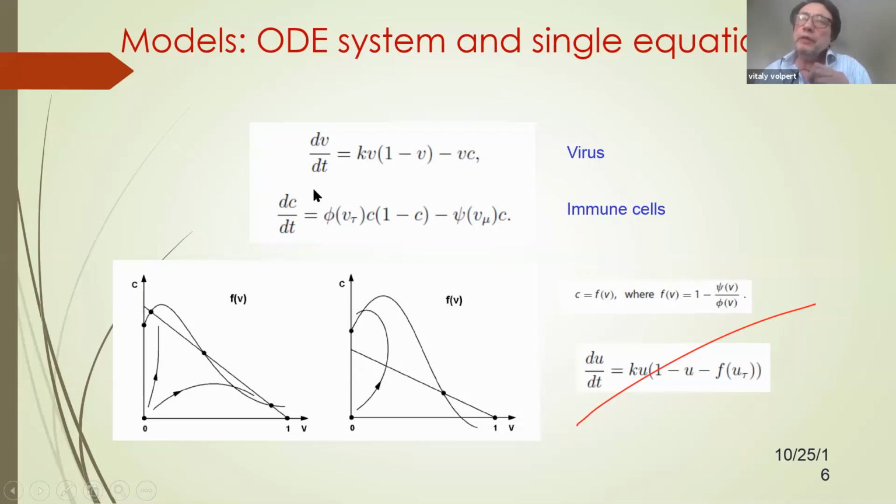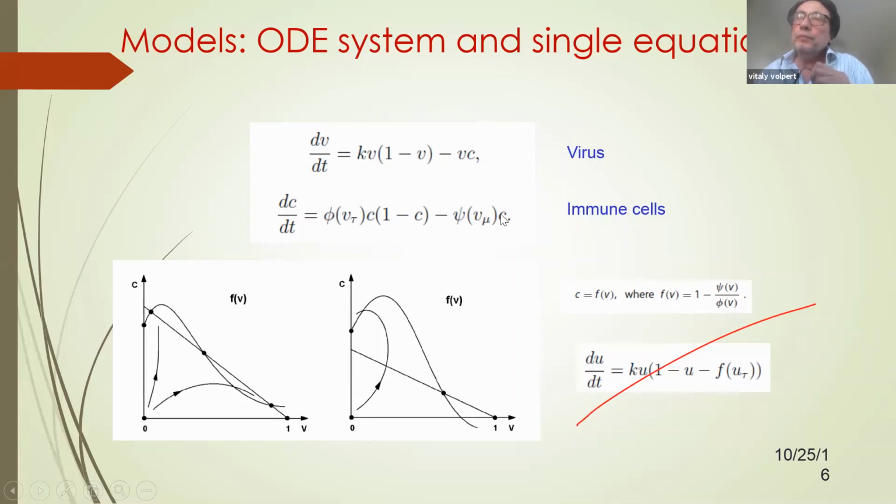And in the second equation for immune cells, again, this logistic term is how immune cells are reproduced. We should also remember that immune response is initiated by virus. This is why this function depends on virus concentration, moreover, with time delay.